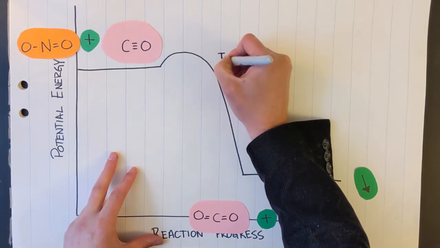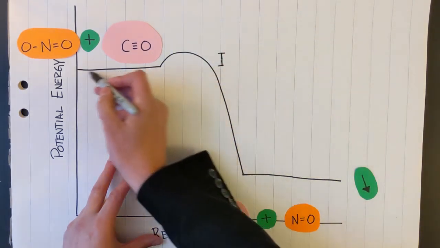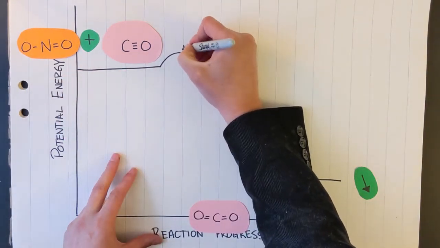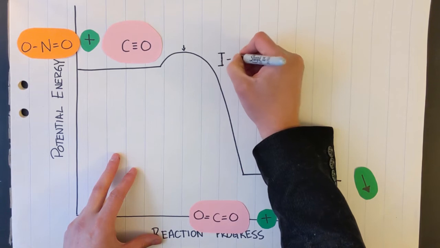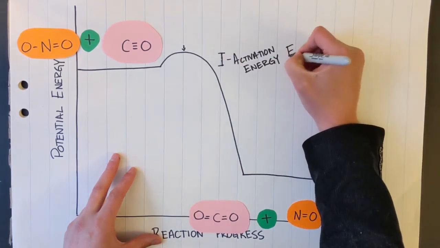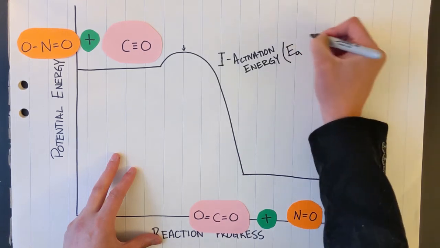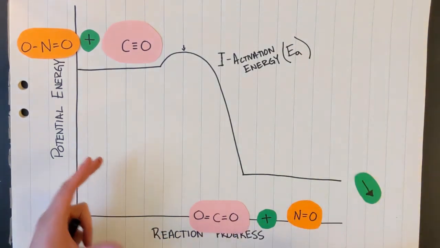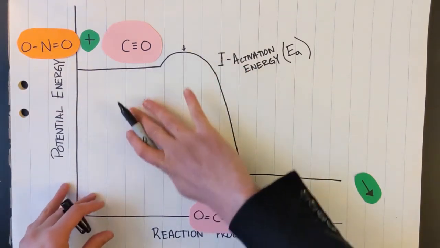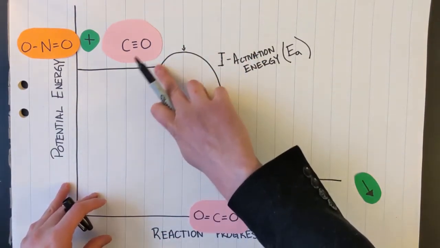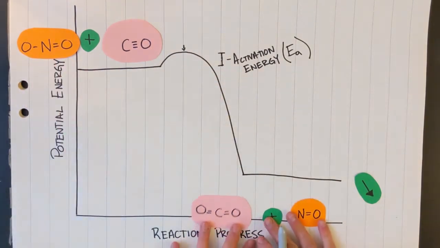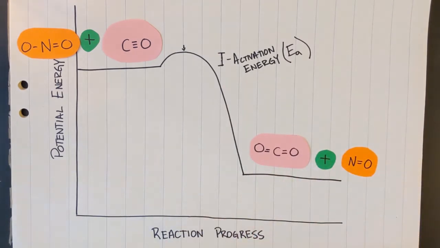So this difference between the potential energy that I started with of my reactants and this very peak up here is called the activation energy. We'll label this E sub A, activation energy. This is the energy that we have to put into my reaction in order to get up over this hump. And then once we've added that, my reactants can react and turn down into my products like this.